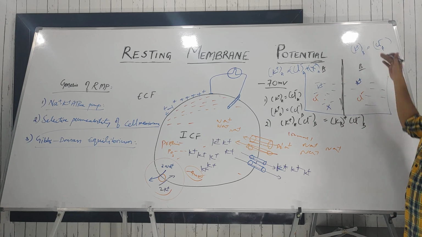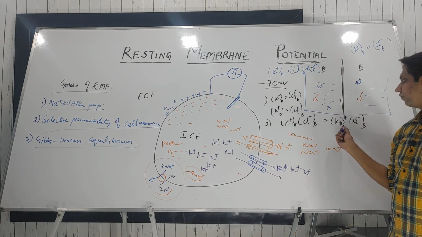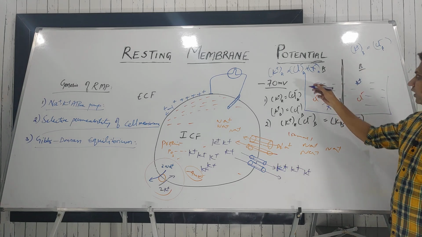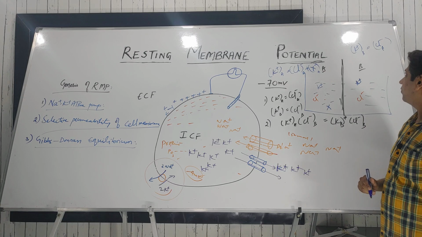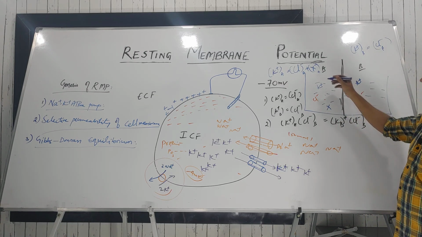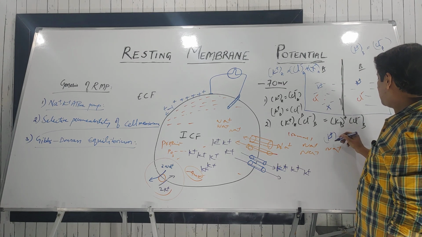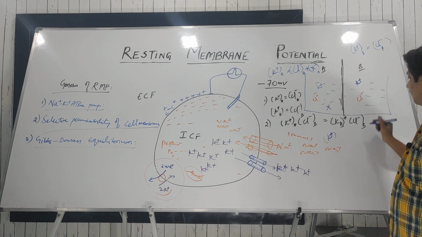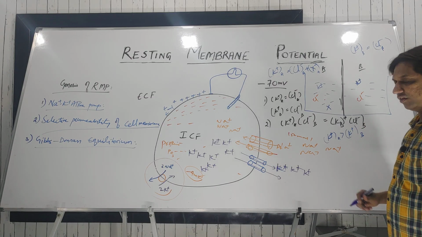So if we consider both these equations, what does it mean? It means that potassium of A is greater than potassium of B. That is, the concentration of potassium will be more here as compared to the other side. Potassium of A is greater than potassium of B. Hope you are following these things.